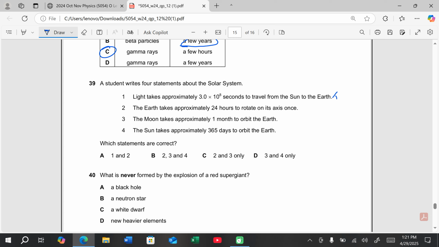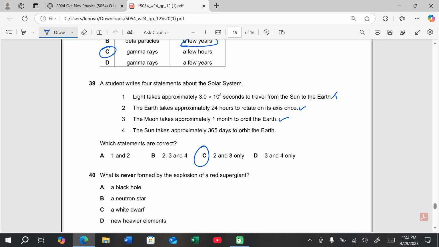It takes only a few seconds to travel from the sun to the earth. The earth takes approximately 24 hours to rotate on its axis once. That is correct. The moon takes approximately 1 month to orbit the earth. Yes, approximately, that's correct. The sun takes approximately 365 days to orbit the earth. That's wrong. The earth takes 365 days to orbit. So it's 2 and 3 only.